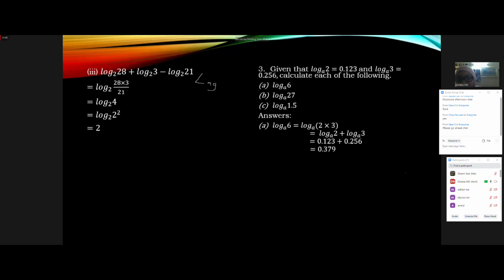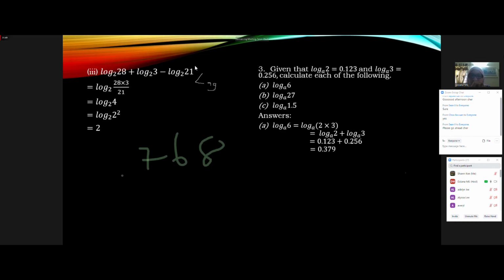Okay, try to get 27 from 2 and 3. Okay, try first. If you have your answer, just put it in the chat or just write it down. 0.768.